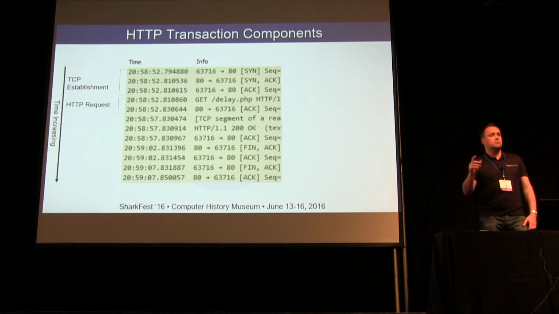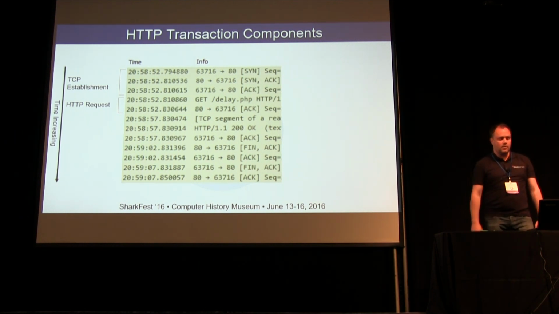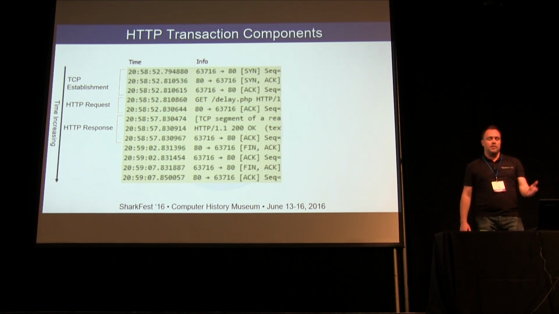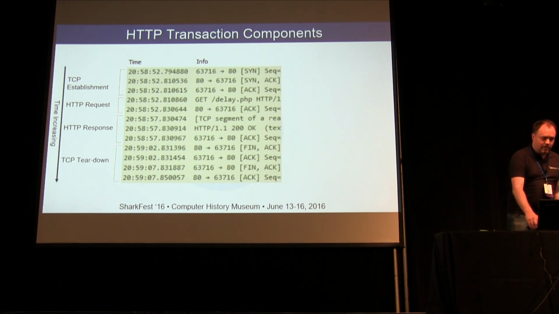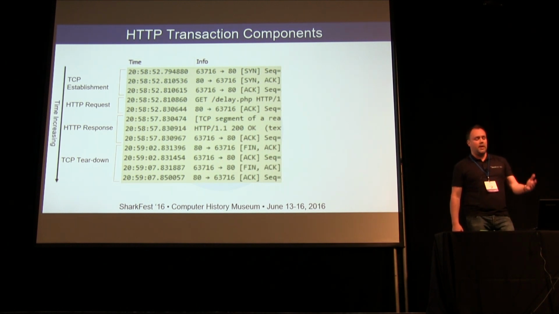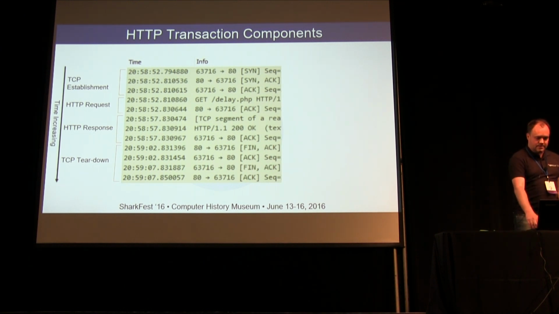In this case, we've got a single GET packet followed by a standalone acknowledgement from the server. We call that the request. And then the response from the server, a number of packets, finished and then acknowledged by the client as well, followed by whatever TCP teardown is going to be in place. In this case, we've got some FINs, but quite typically you'll see resets as well coming from various different load balancers.